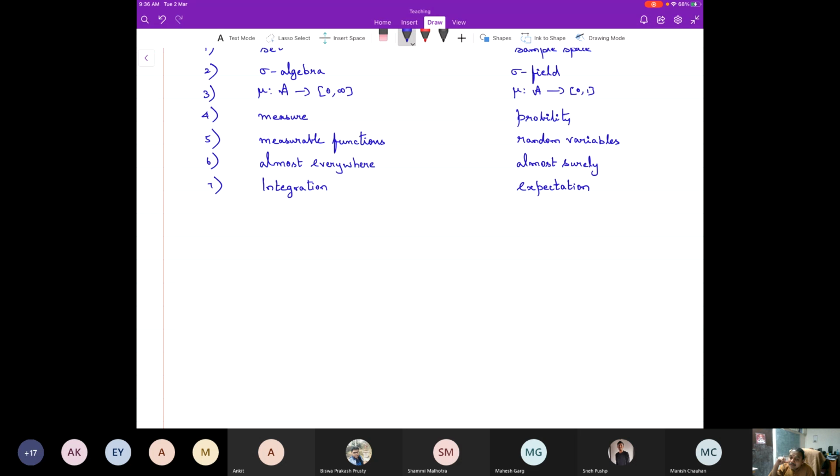These are the main pillars of probability. And then you can speak about various kinds of convergence. The main thing is convergence in distribution, its characterization in terms of characteristic functions, and then the central limit theorem properties.